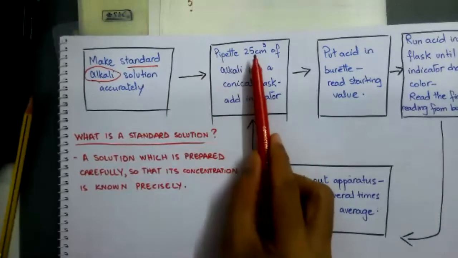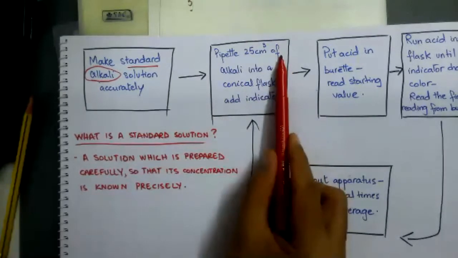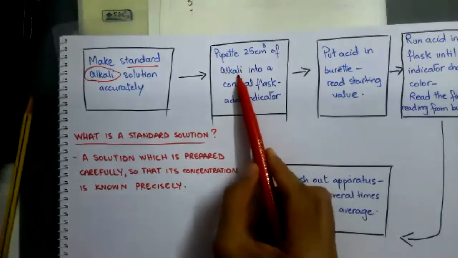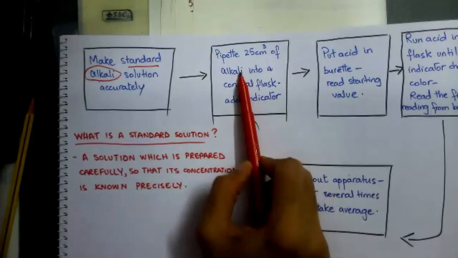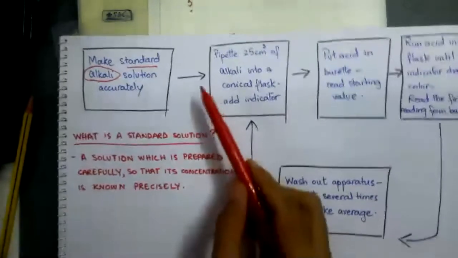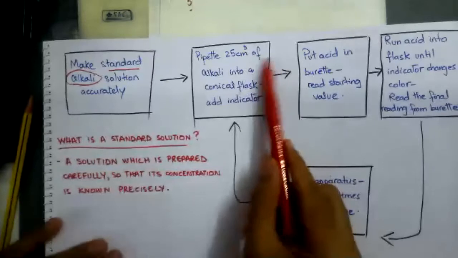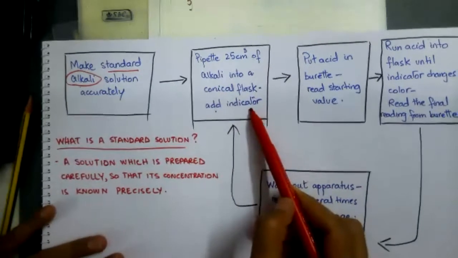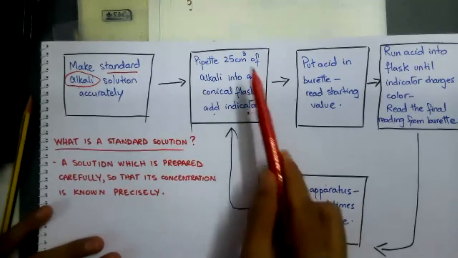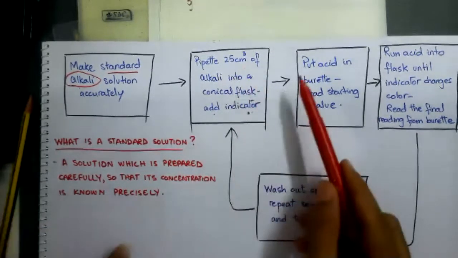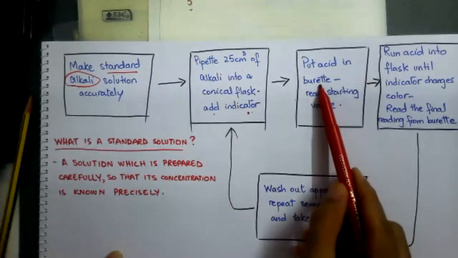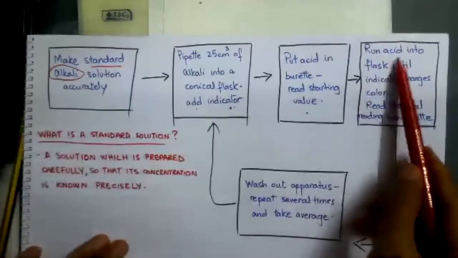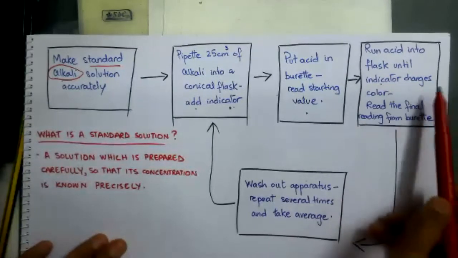Then pipette out 25 cm cube of the acid, this should be acid, into a conical flask and add indicator. Put the other solution in the burette, read the starting value, and then run it into the flask until the indicator changes color.